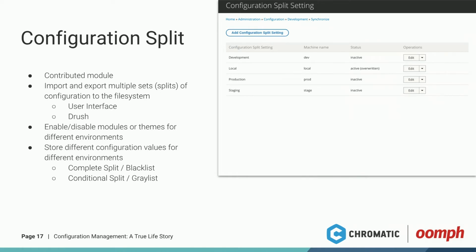To note here, config is stored differently when you import and export through either a complete split, which is a module or a feature set that's going to split out that config and its dependencies, or a conditional split, which is when I just want this individual configuration entity, could be devel.settings.yaml or something like that.